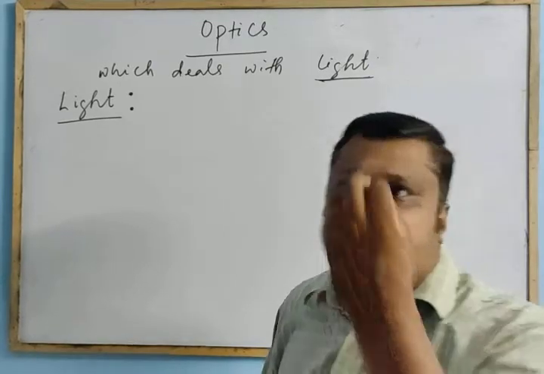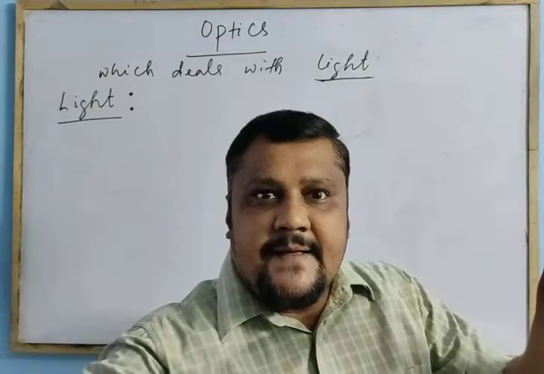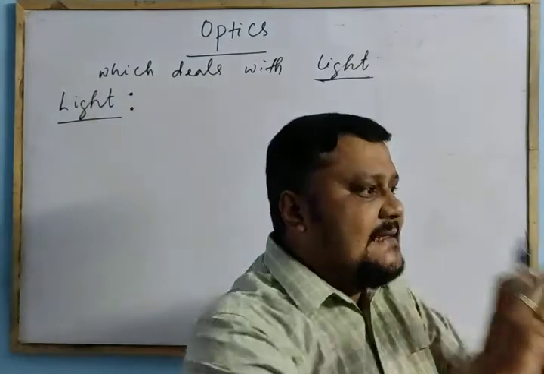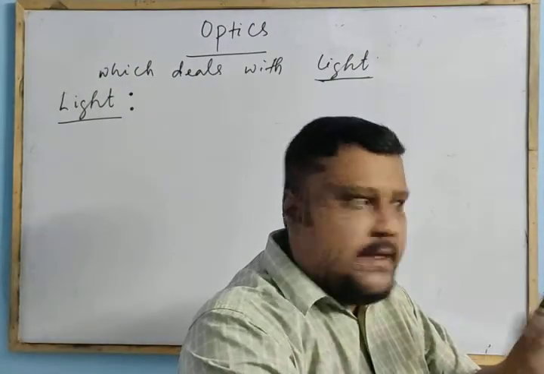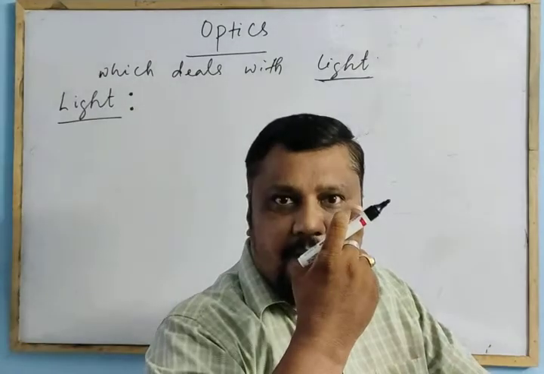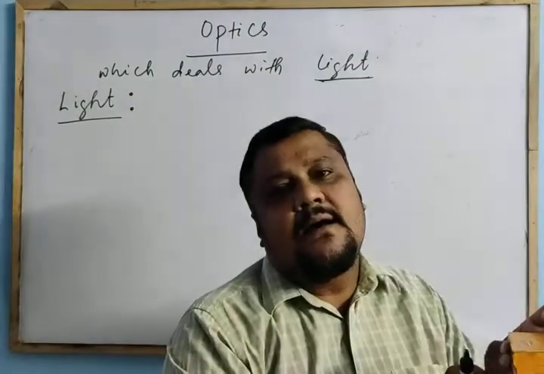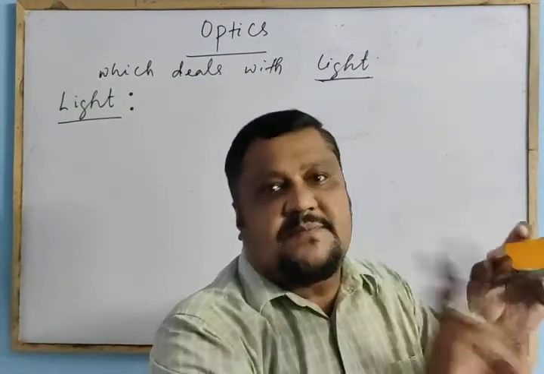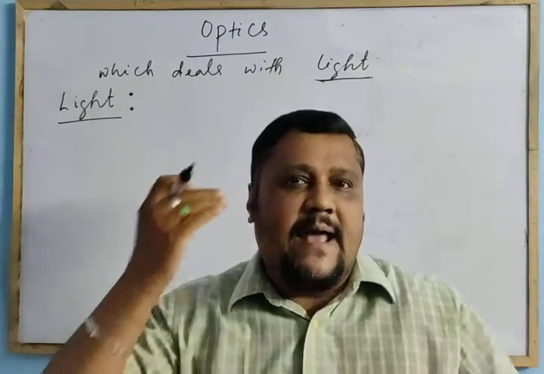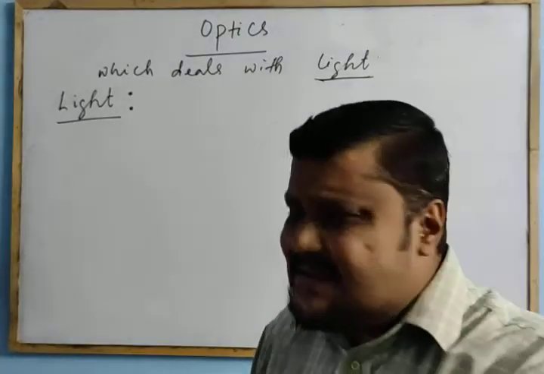How? If I see this object, light comes from a source, is incident on this body, and is reflected from this body to my eye and the retina. Then I can see the object. Light incident on the object and reflected to my eye gives me the sensation of sight.